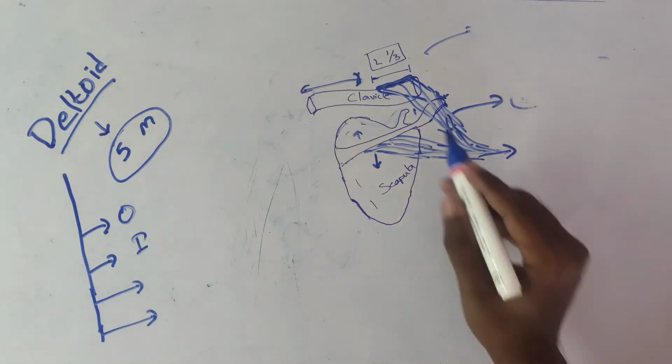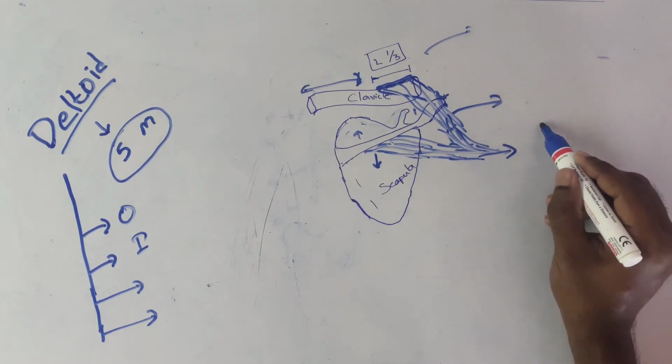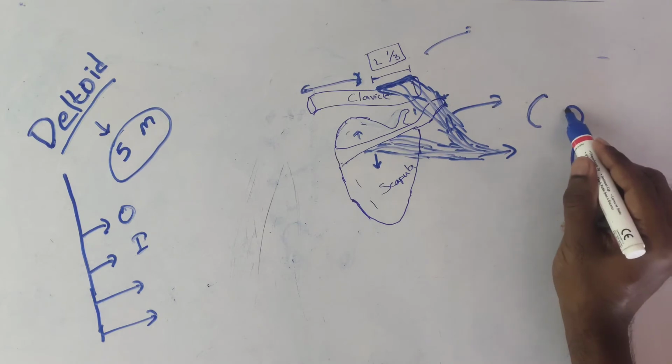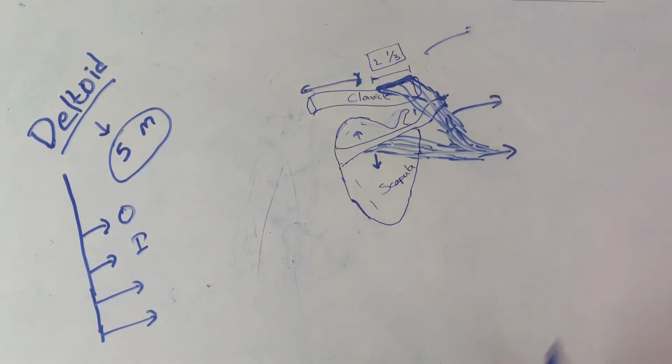The insertion, all the 3 origins insert at only one place, that is, if it is the humerus, I will draw here clearly.